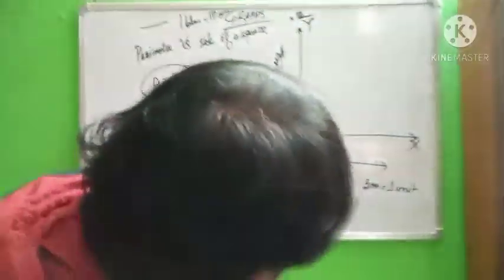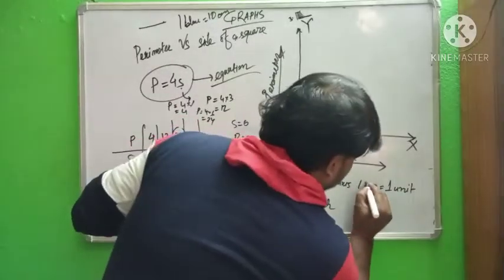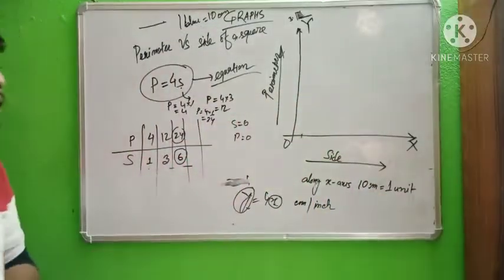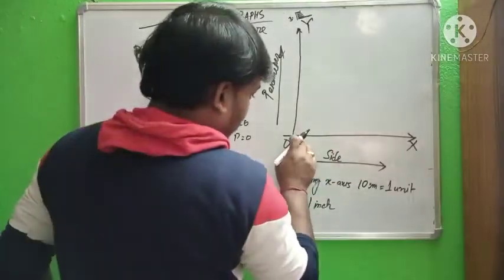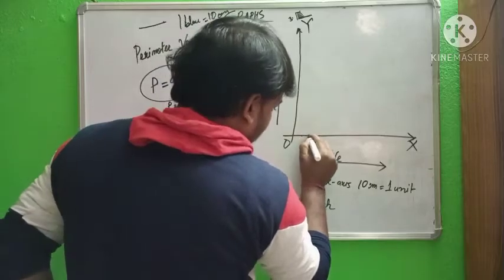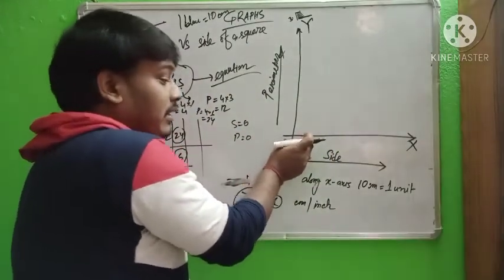That means I am taking here 10 centimeter equal to 1 unit along the x axis. So if it is one block, that means here 10 small divisions or 10 centimeter are there.